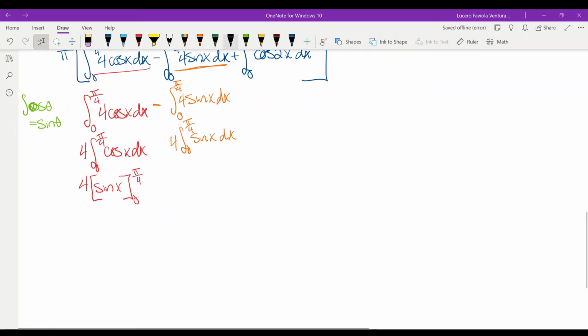And looking at our trig identities, the integral of sine theta is equal to negative cosine theta plus c. And again, we'll ignore the c for now until towards the end. So then we plug in our identity, and it's 4 times negative cosine x with bounds from 0 to pi over 4.